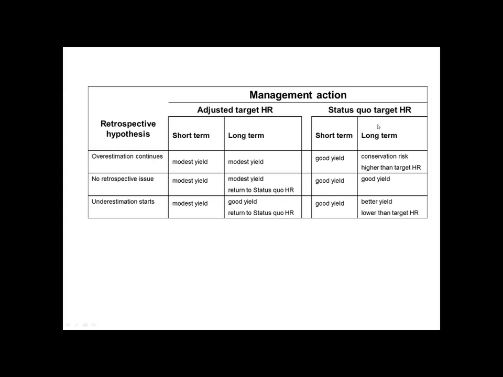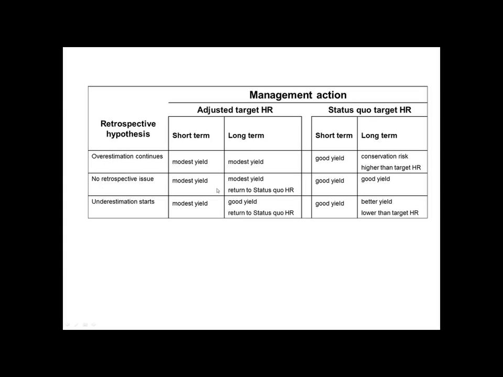On the other hand, in the long term, continuing to apply the same rates under the same conditions, if the overestimation continues, could lead to a conservation risk, given that we get higher than target harvest rates and seem to have dropped below our threshold. This is the only thing we can decide; we don't have a decision on whether it will happen or not, and these are the other options.